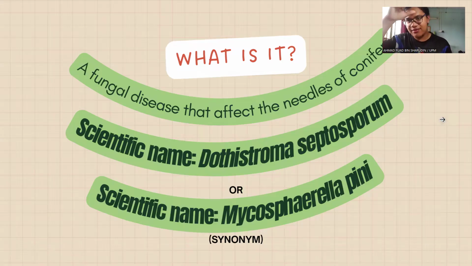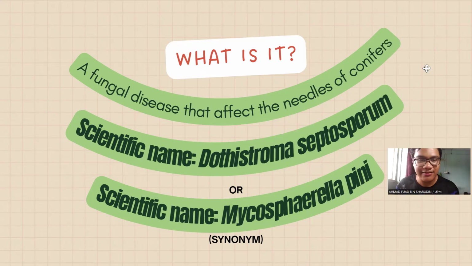Now, what actually is needle blight? As you see here, needle blight is a fungal disease that affects the needles of conifers. You could say it affects the needles of pine trees, for example.